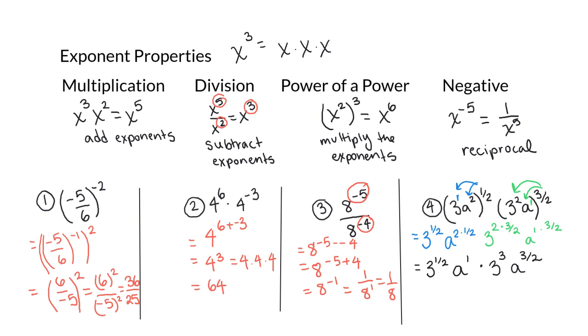And now we're going to use the multiplication rule, where if the base is the same, we can add the exponents. So for our 3's, that would be 3 to the 3.5.